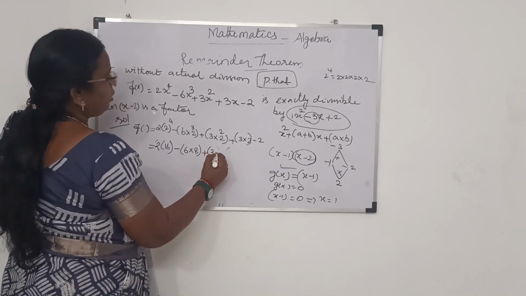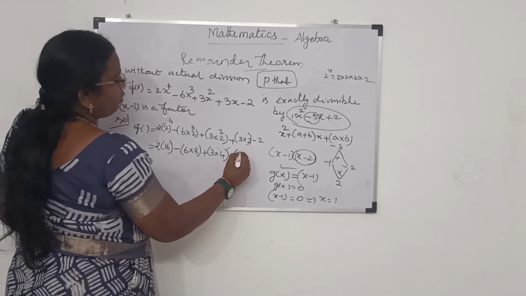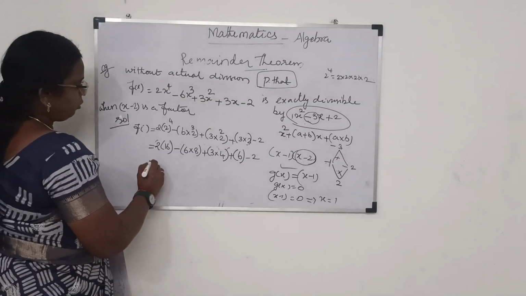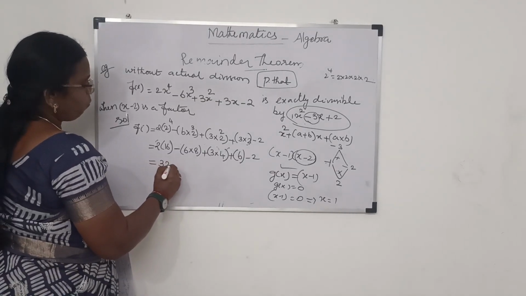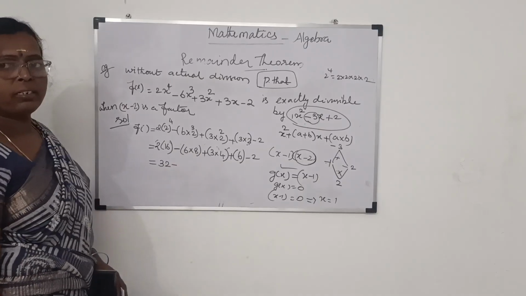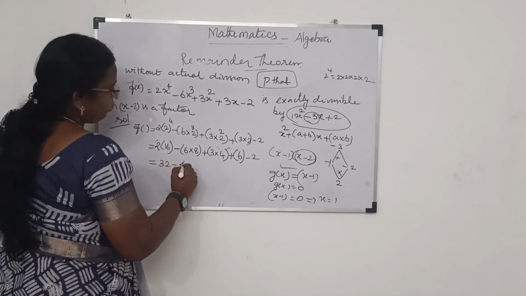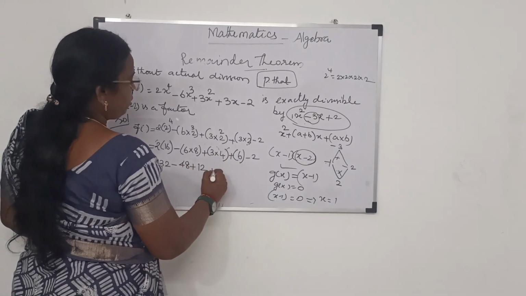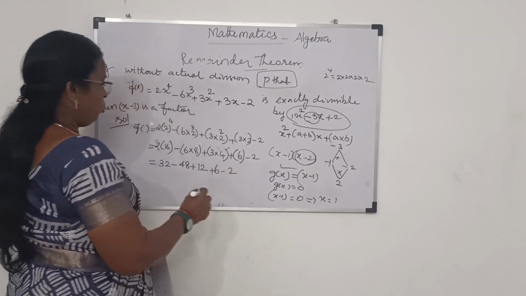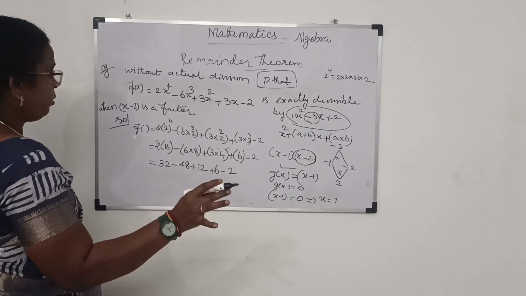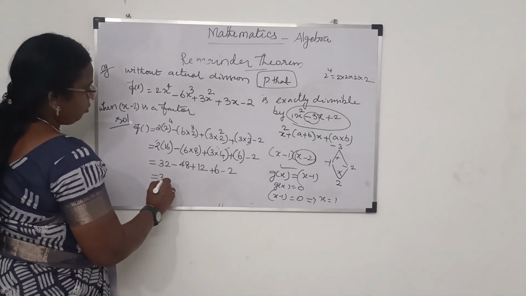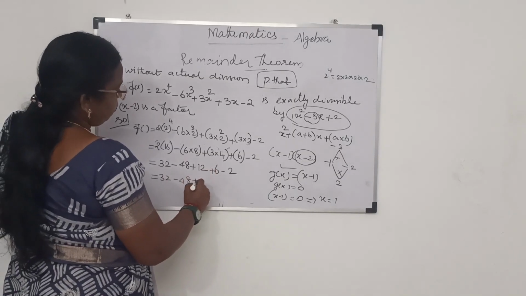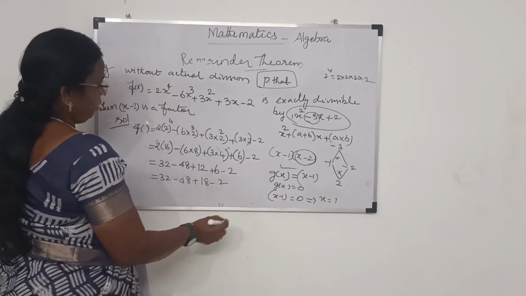Plus 3 into 2 square, 3 4s are 12, plus 3 2s are 6, minus 2. 2 16s are 32, minus 6 8s are 48, plus 3 4s are 12, plus 6, minus 2. So when you add all these values, you should get 0. That is the procedure.